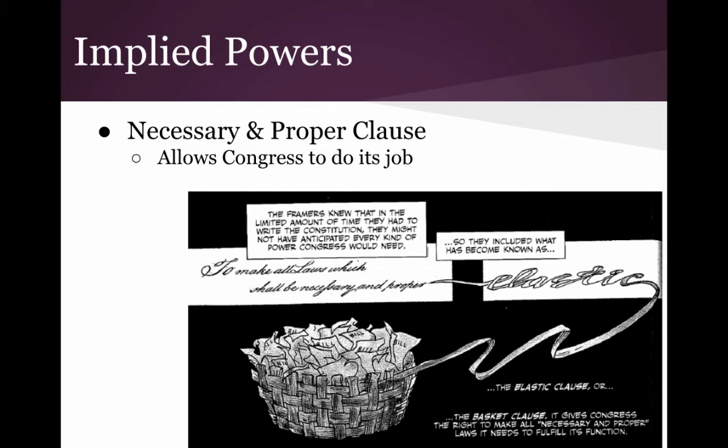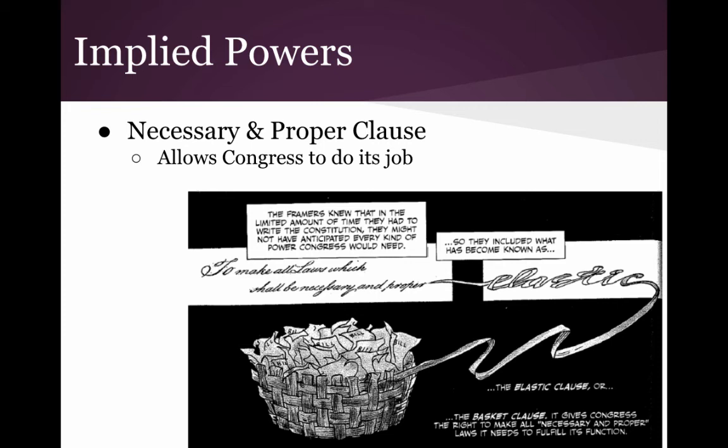Think back to when we were talking about the various powers of the government, and I used that example of a rubber band. When we look at a rubber band, it's kind of small. But when we stretch out that rubber band, it can go around things that are bigger. The Necessary and Proper Clause is the same idea. If we think about the express powers of Congress, we can think of a small rubber band.